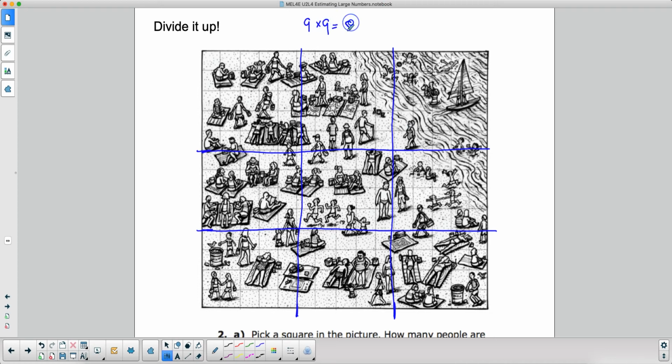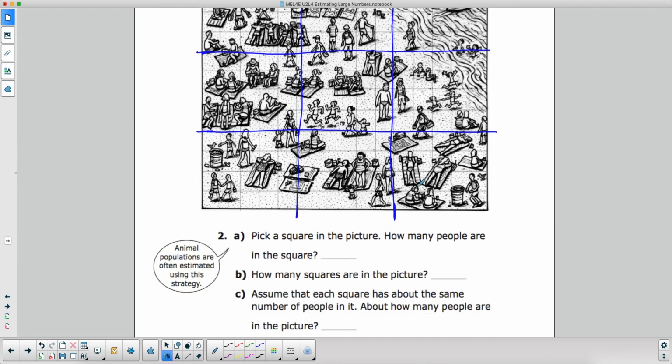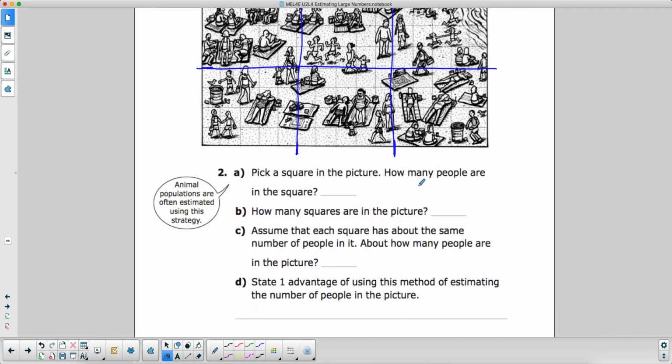That would give me 81, which is a little bit more than what I estimated before. It's still an estimate. We picked one square and counted 9 people, and there are 9 squares in the picture. So 9 times 9 gives us 81.